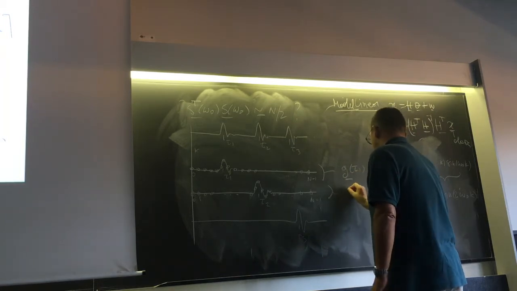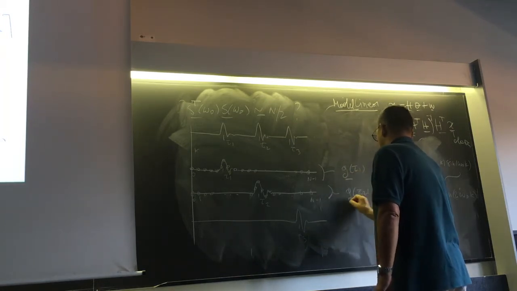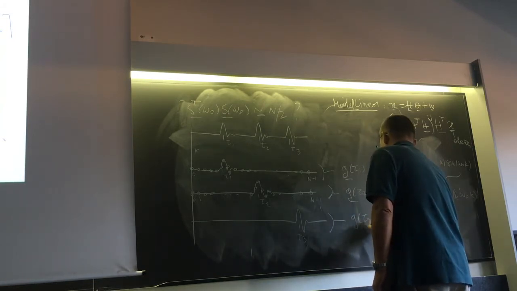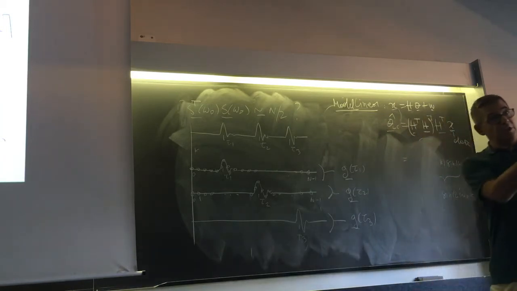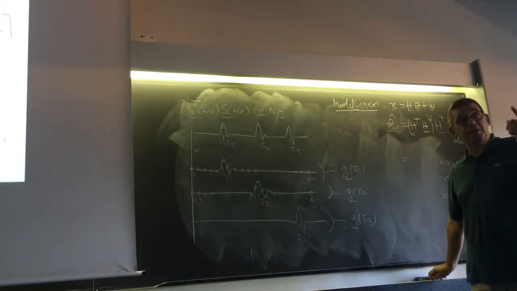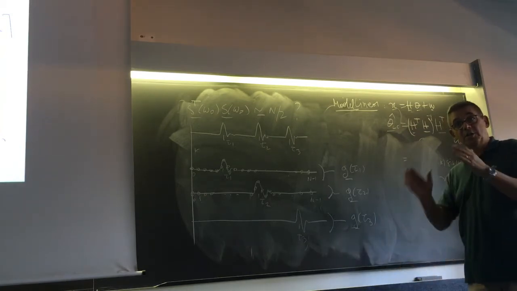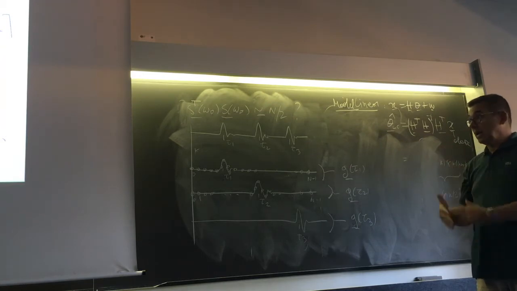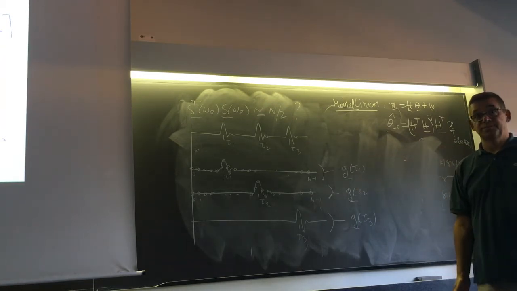This is g tau 2. That one is g tau 3. So I put in the vector the signal delay. So every g contains one echo. The collection of all the columns put together gives a signal.